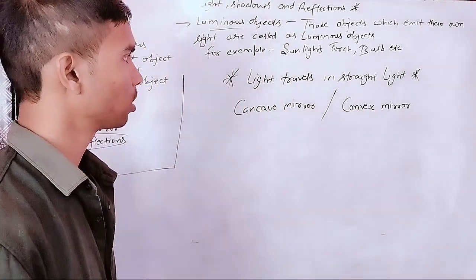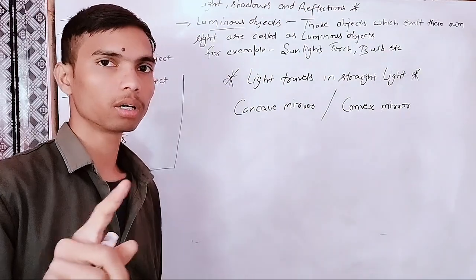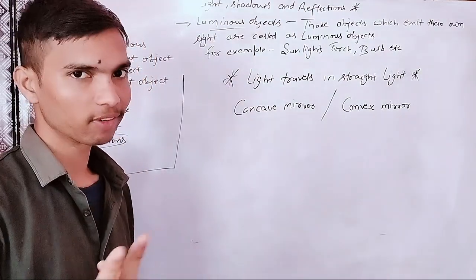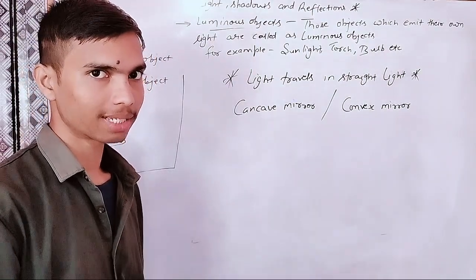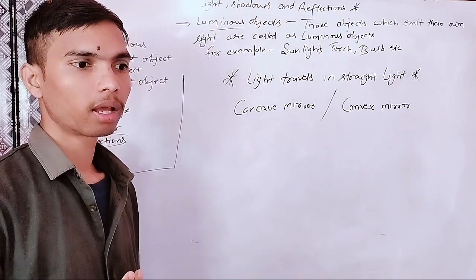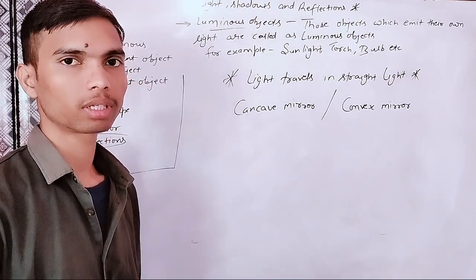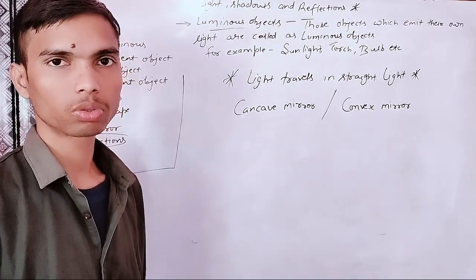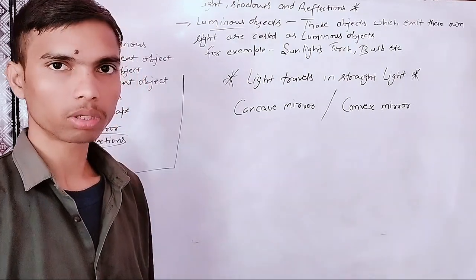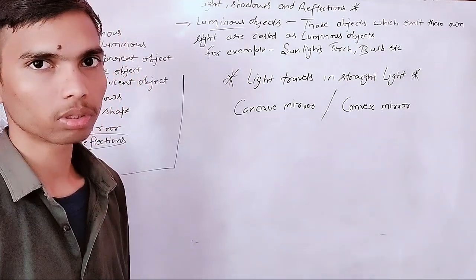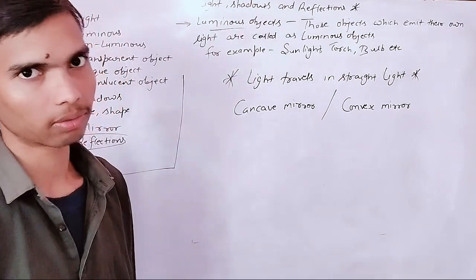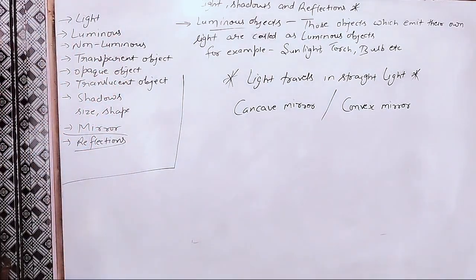Already we have understood the plane mirror. Now we have two more types of mirror. As I told you, there are three types of mirror: first plane, second concave, third convex. We have understood the plane mirror. Now we are moving ahead to the concave, and second is the convex.